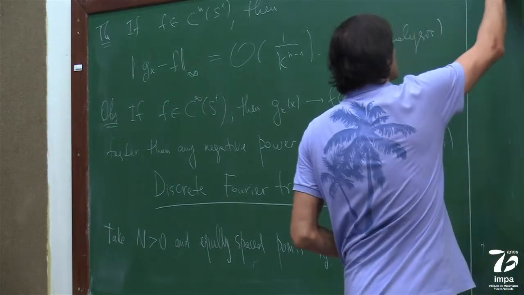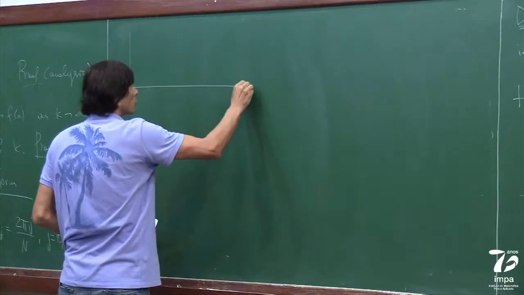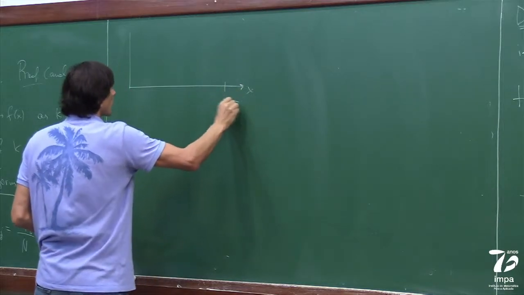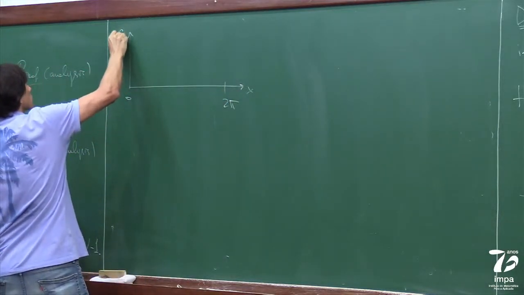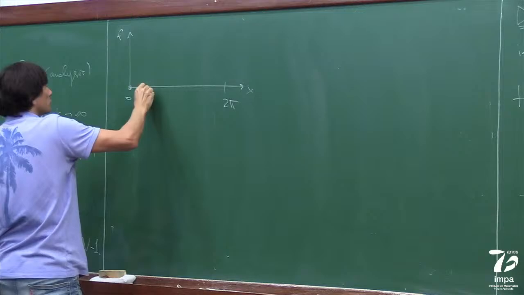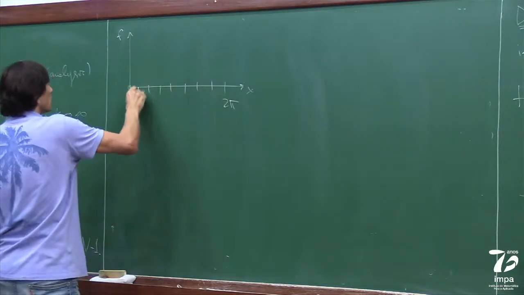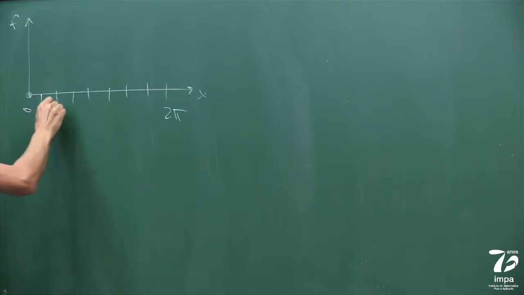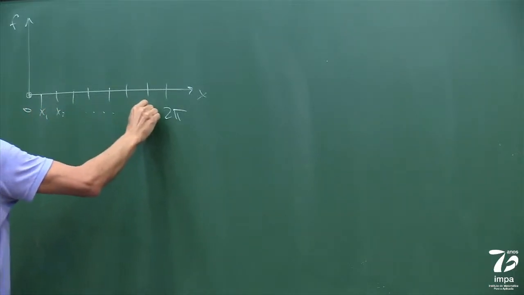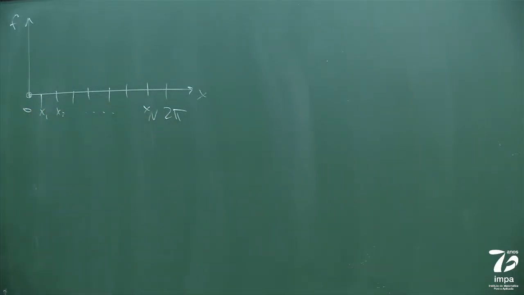So these points are assumed to be the arguments where our function is known. So we have point 0, point x1, x2, up to x_{n-1}. 2 pi, remember, is the same as x0, so we don't call it anything. And then we have a function.